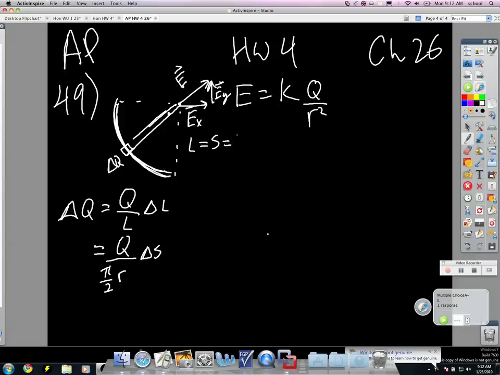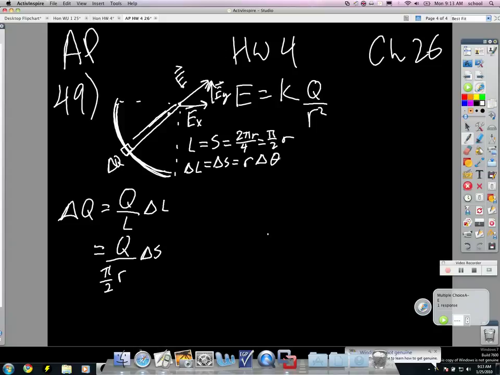Does it make sense to you that that is r delta theta? It's the radius times the little section of angle that sweeps over it. Remember, this thing is infinitely thin, so we don't have to worry about the thickness. There's no delta r in this case. It's only sweeping through the arc length.